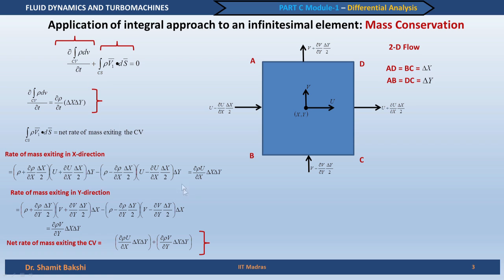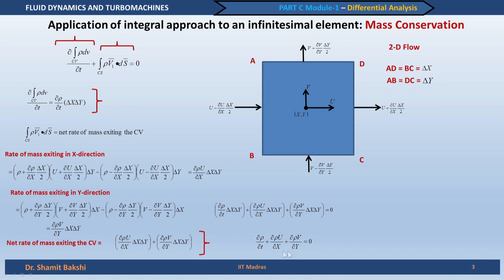Now, we club these two parts together, and what we get is like this. So, this is our final expression. Of course, delta x multiplied by delta y is not 0. This is an infinitesimal but non-zero sized control volume, so it can be taken out. What is 0 is del rho by del t plus del rho u by del x plus del rho v by del y is equal to 0.